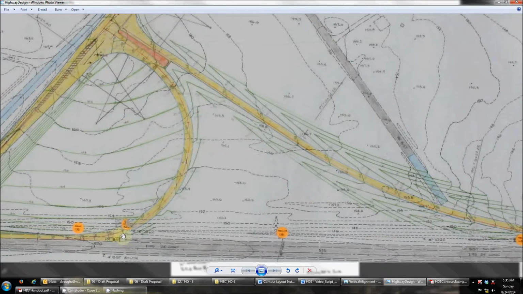And the cross slope at the SC and CS stations, so where the spiral transitions to the curve and then where it transitions out of the curve back to another spiral, at those particular stations, it's going to be 0.08. As 0.08 is the slope of the simple curve portion, so between the SC and CS stations, 0.08 is going to be the slope of the simple curve portion of the loop.